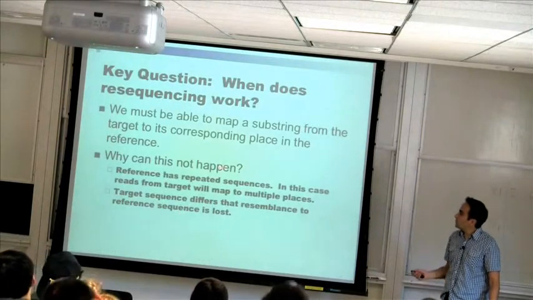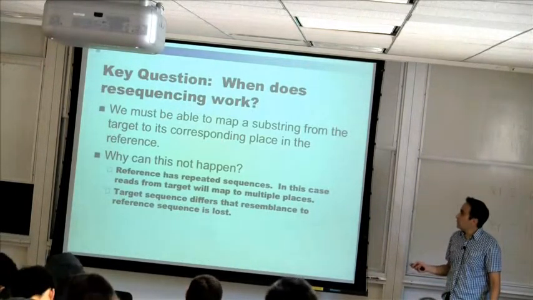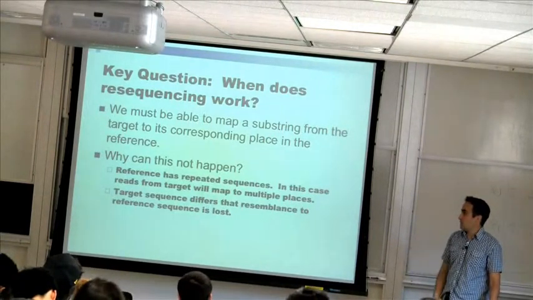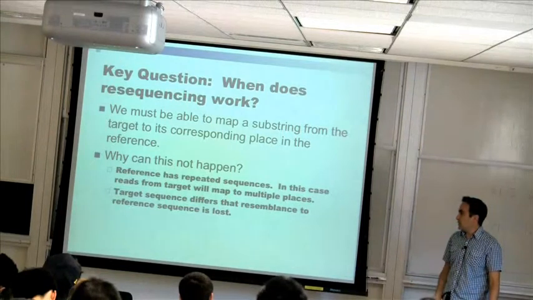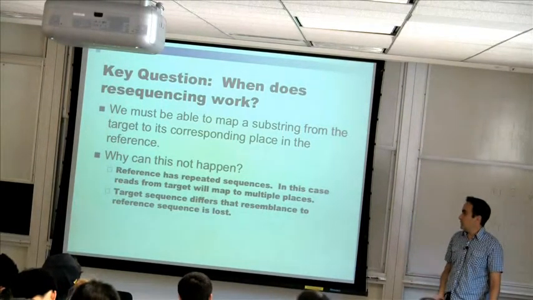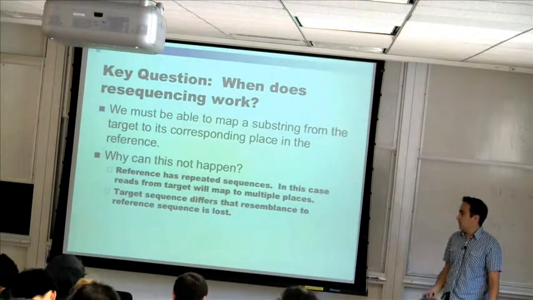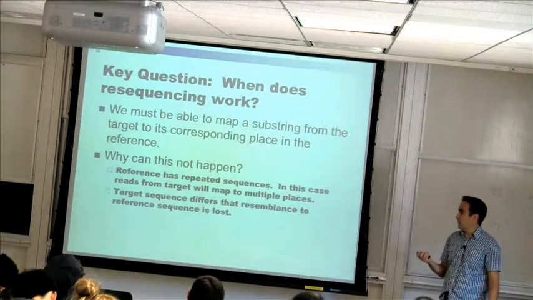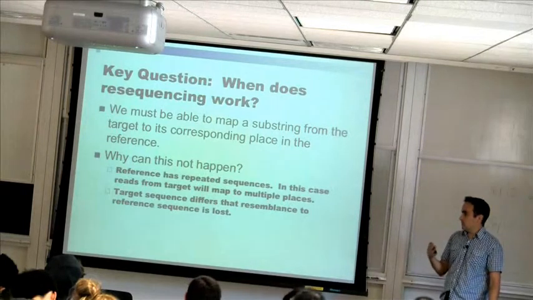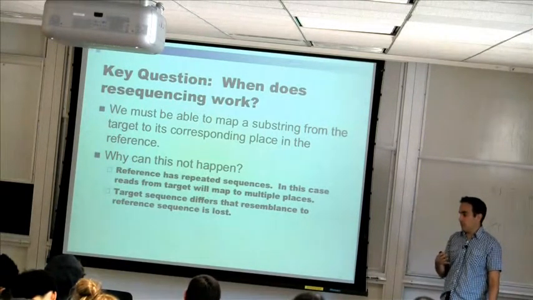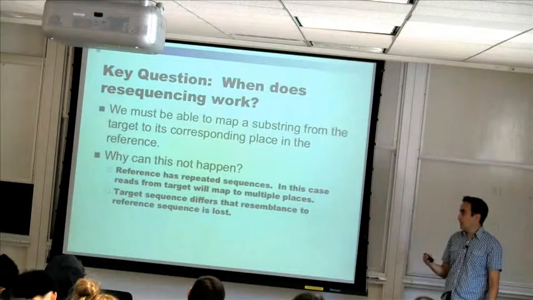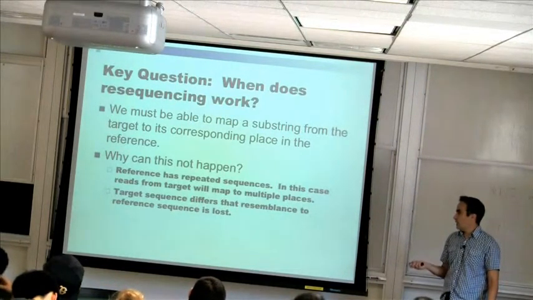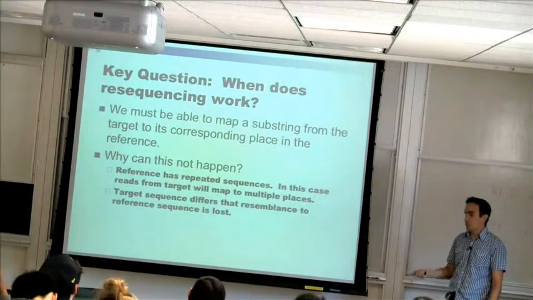So the question is, when does resequencing work? We must be able to map a substring from the target to its corresponding place in the genome. When can this not happen? If there are repeated sequences, and if there are differences, or if the target sequence differs too much from the reference sequence.